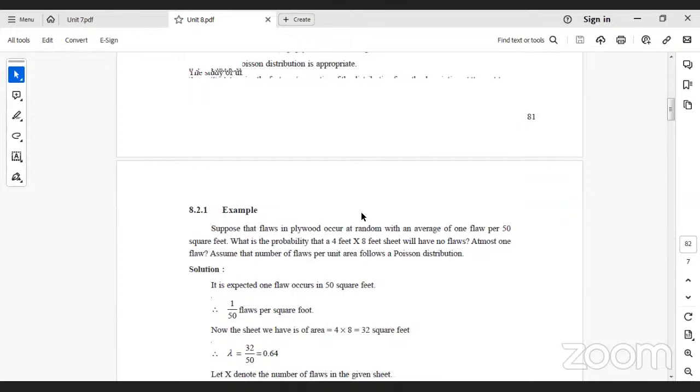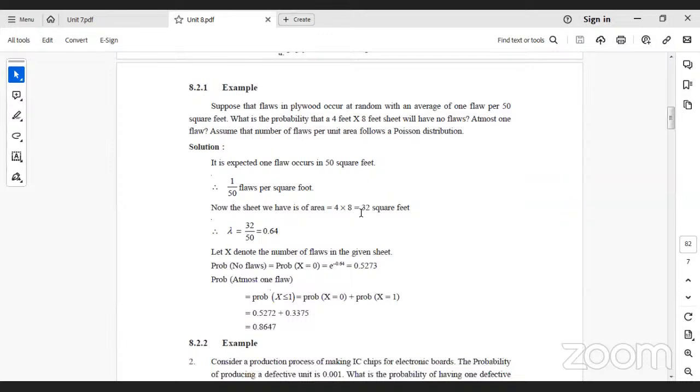Assume that the number of flaws per unit area follows a Poisson distribution. It is expected that one flaw occurs in 50 square feet, so 1/50 flaws per square foot.